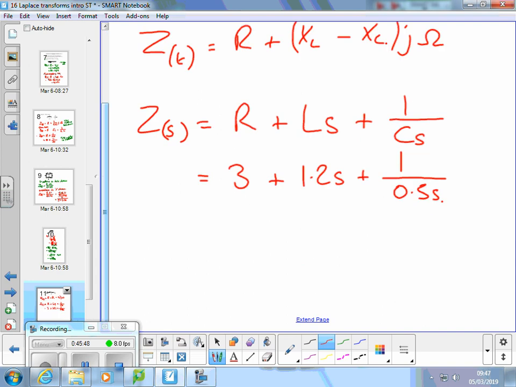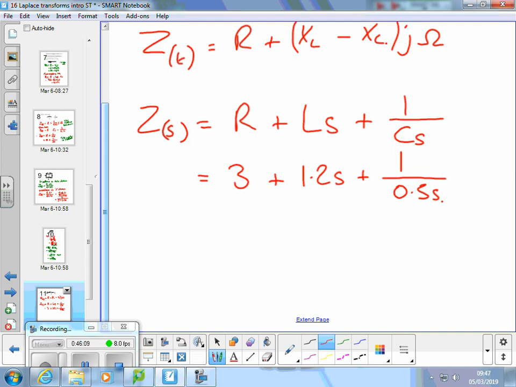Here we need to have all of that right-hand side as a single fraction with a common denominator.